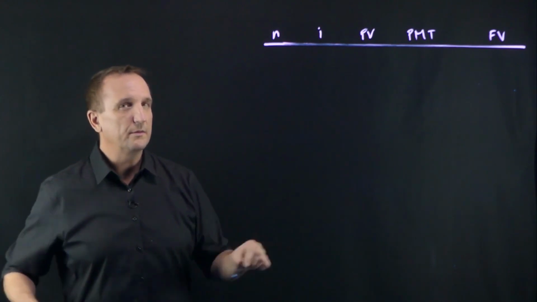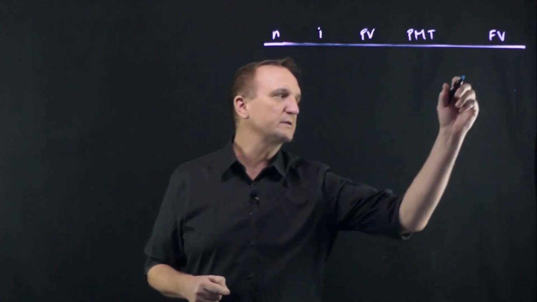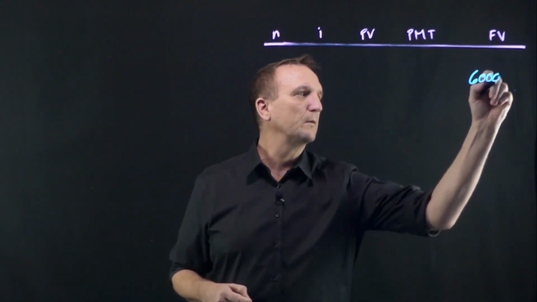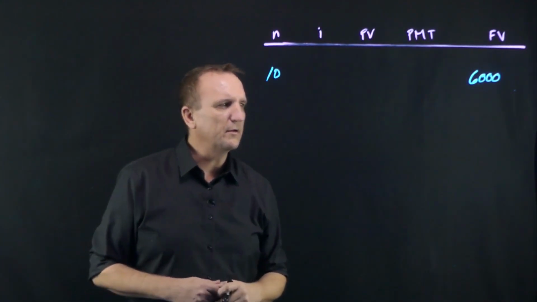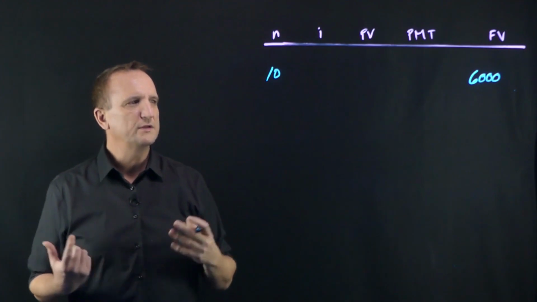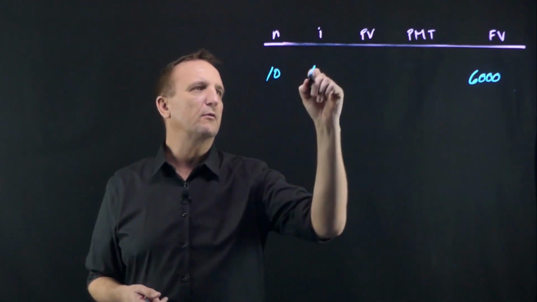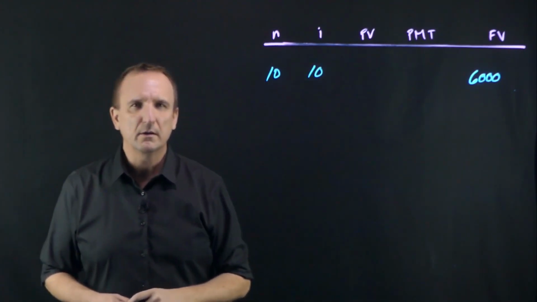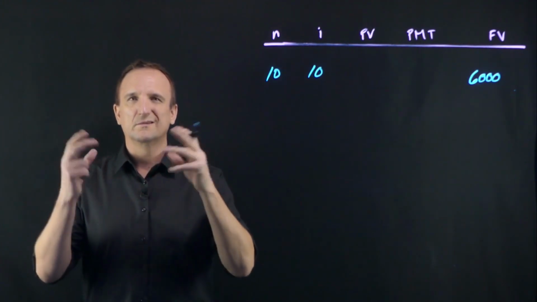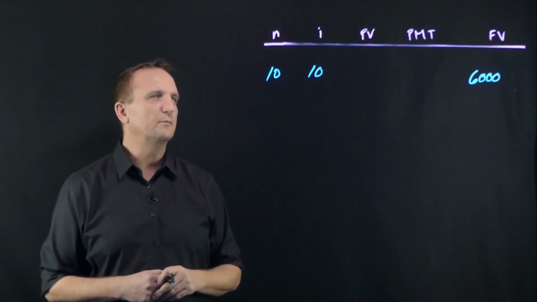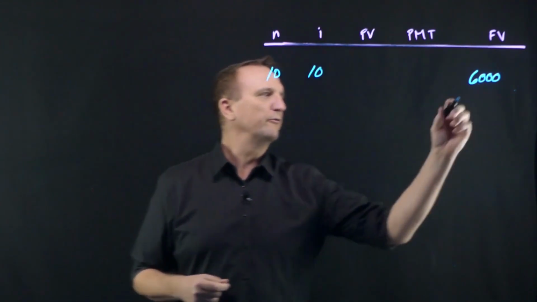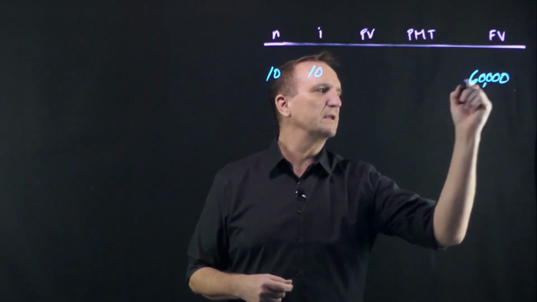So we know that our future value is $60,000. And it's a 10-year deal. And we know that we're going to make 10% per year on our sinking fund, which just means our savings account that we are putting money into to hopefully have $60,000 at the end.